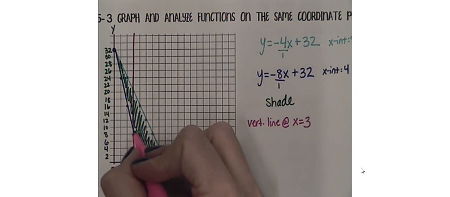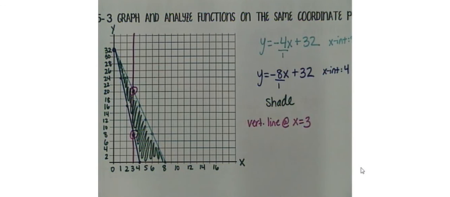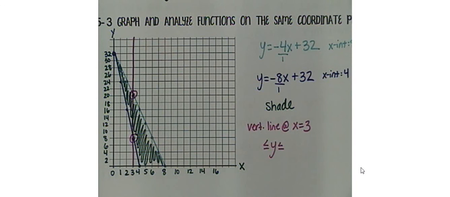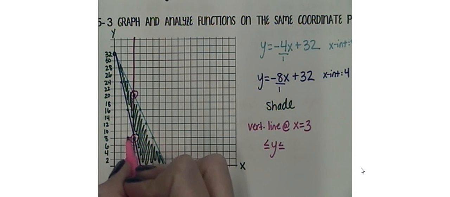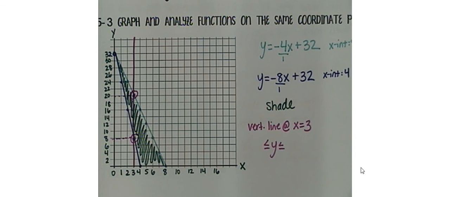I see an intersection point right here and another one right there. So kind of draw it over, look at what the numbers are. My low intersection point is at 8. So 8 is less than or equal to y, less than or equal to 20.